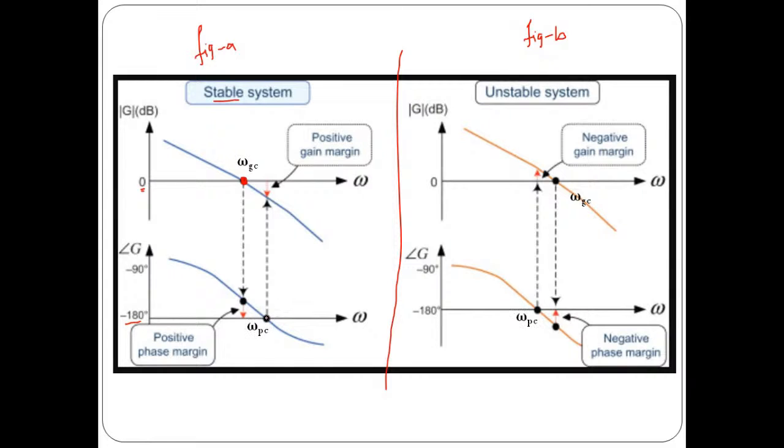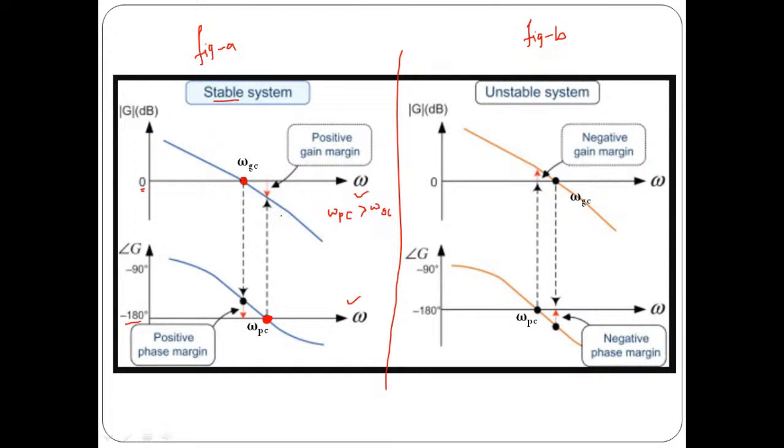So this particular point is nothing but your phase crossover frequency. Now because both the axes are the same, we have drawn this and this on the same axis. So if you compare the magnitude of omega PC as compared to omega GC, we can make a comment that omega PC is more than omega GC. So this system is said to be stable.